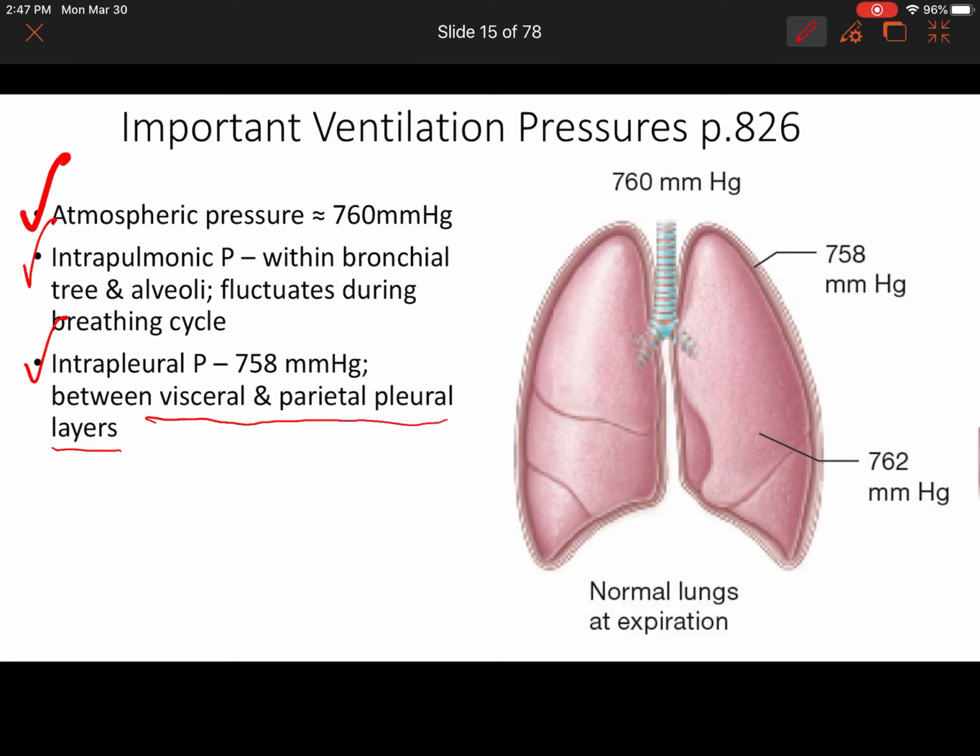So the inherent pressure between those two layers is about 58 millimeters of mercury. So knowing these pressures, we can better understand how air moves into and out of the lungs.